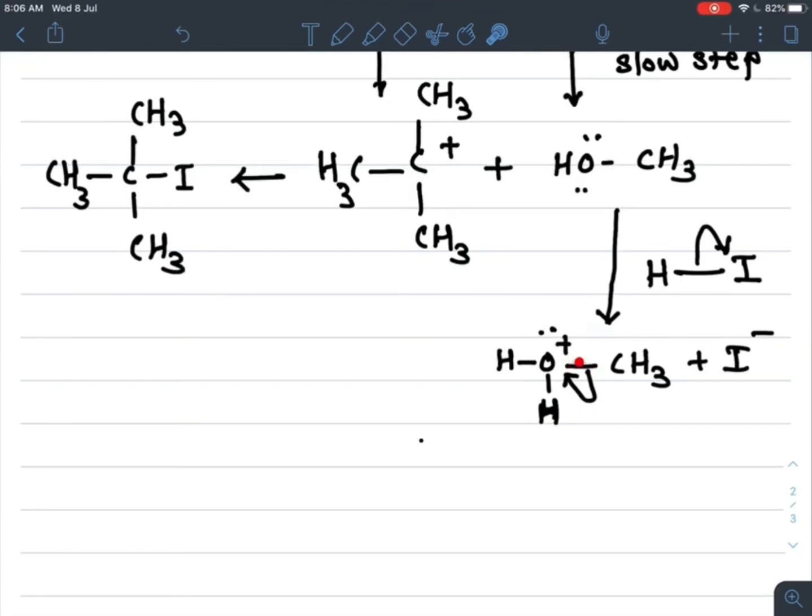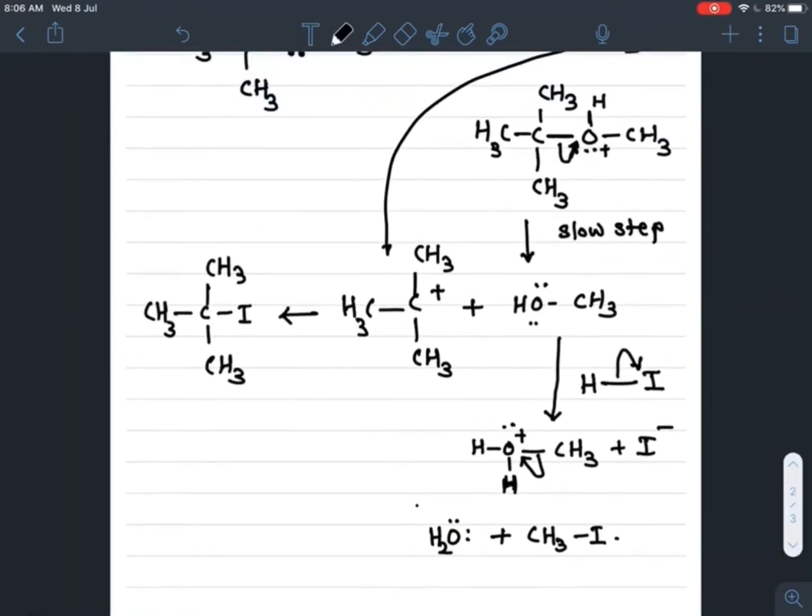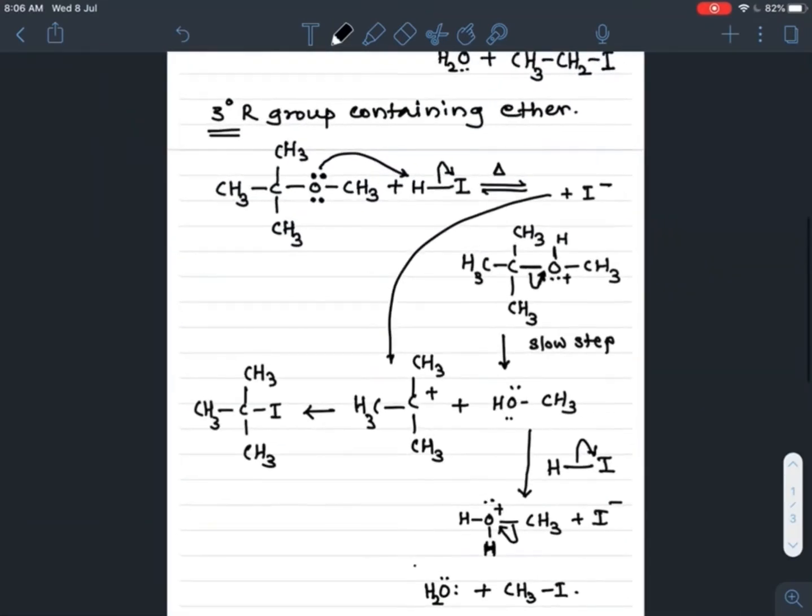So the O-CH3 bond breaks heterolytically, and both electrons are attracted towards the oxygen because it is highly electronegative, and a neutral water molecule is formed, plus CH3 plus, which combines with I minus, and finally we get the corresponding CH3I, methyl iodide. So again we get the corresponding alkyl iodides. So this is about the tertiary alkyl group containing ether.